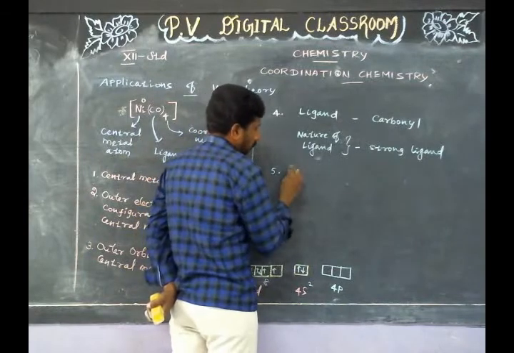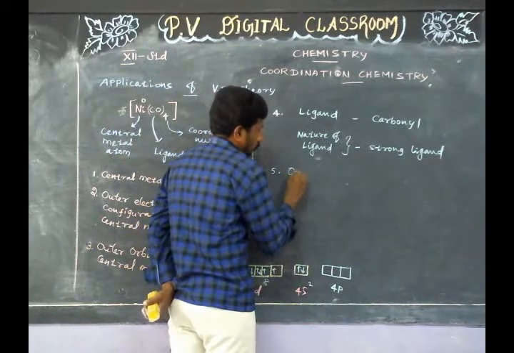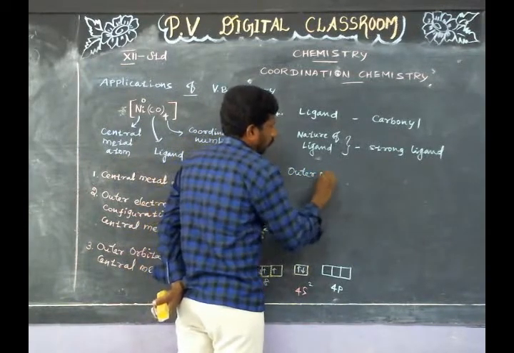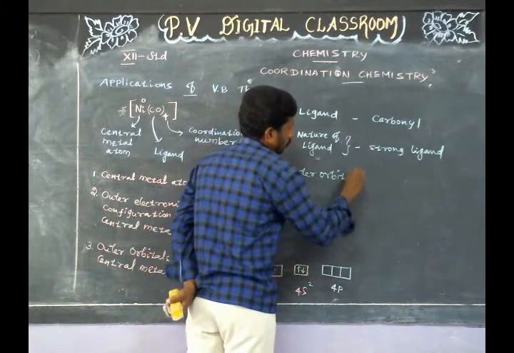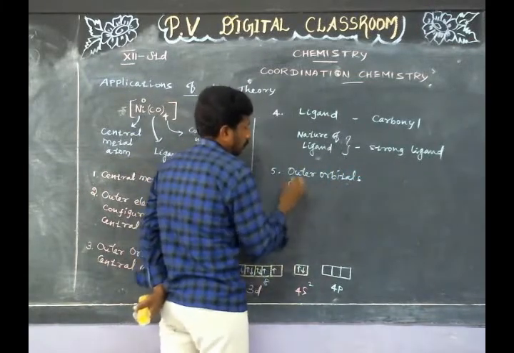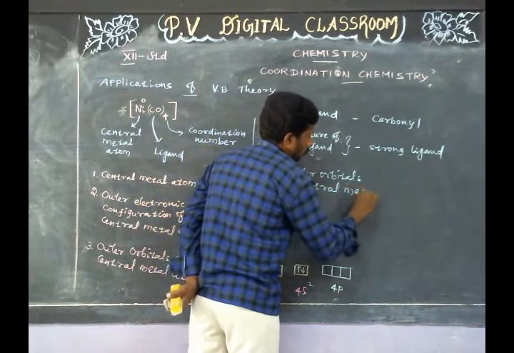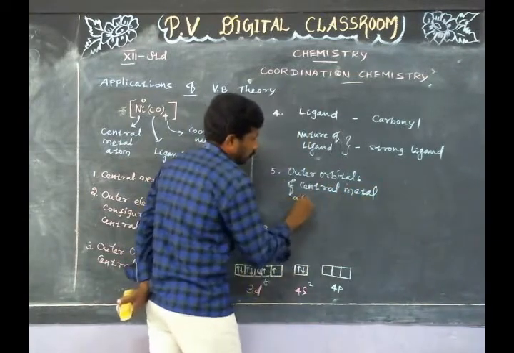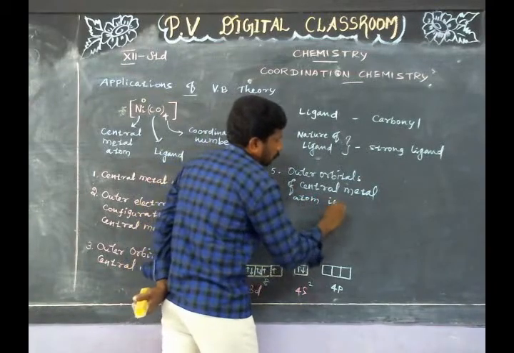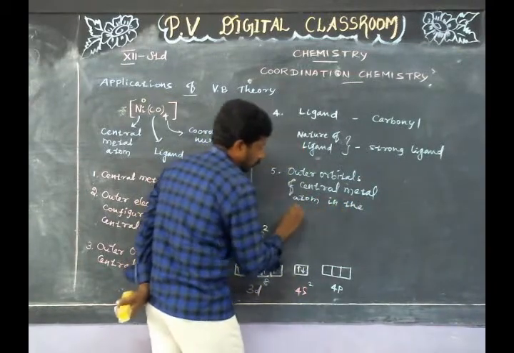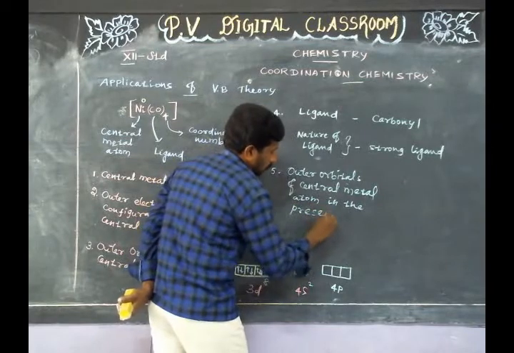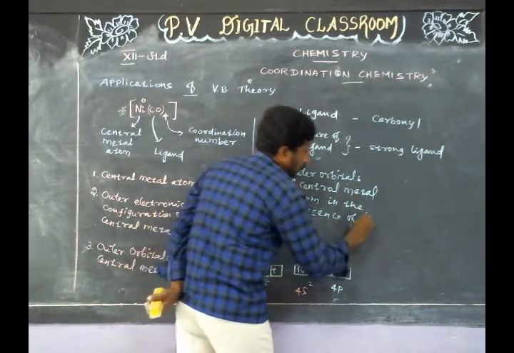Fifth one, outer orbitals of the central metal atom in the presence of ligand.